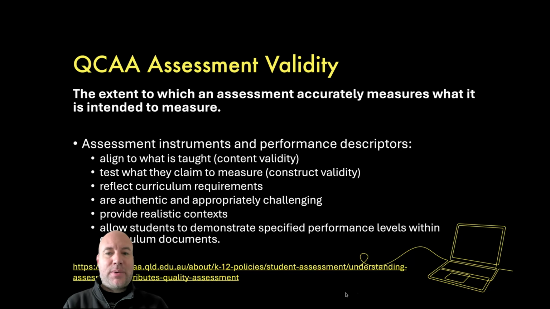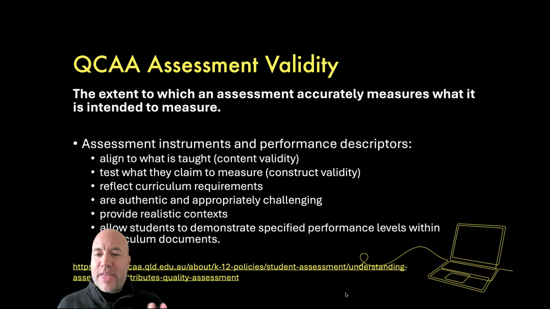In QCAA's language, assessment instruments and performance descriptors must align to what is taught. This is referred to as content validity, and this is essentially what was talked about in the Victorian curriculum. Test what they claim to measure. This is construct validity, and I'll go into that in more detail in a moment. Reflect curriculum requirements, are authentic and appropriately challenging, provide realistic contexts, and allow students to demonstrate specified performance levels within the curriculum document.